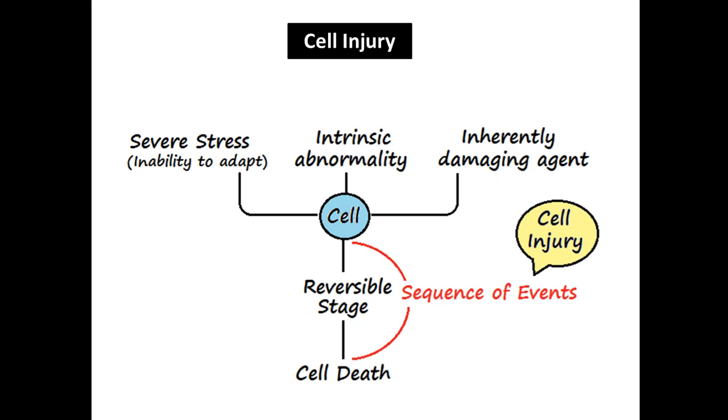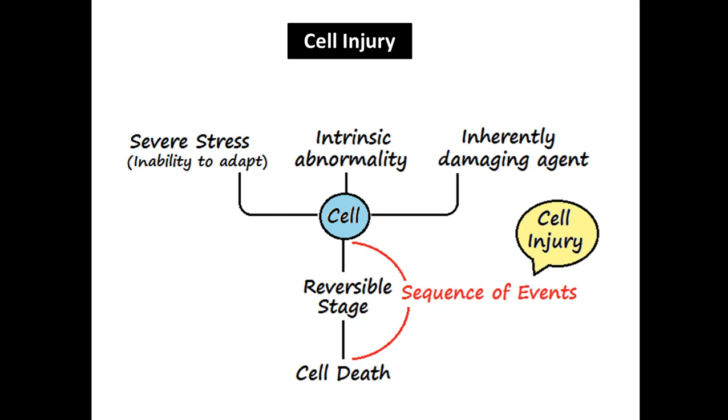Initially, the cell will pass through a reversible stage. By that we mean that if the causative agent or the etiological factor is removed, the cell can potentially reverse to its normal state.